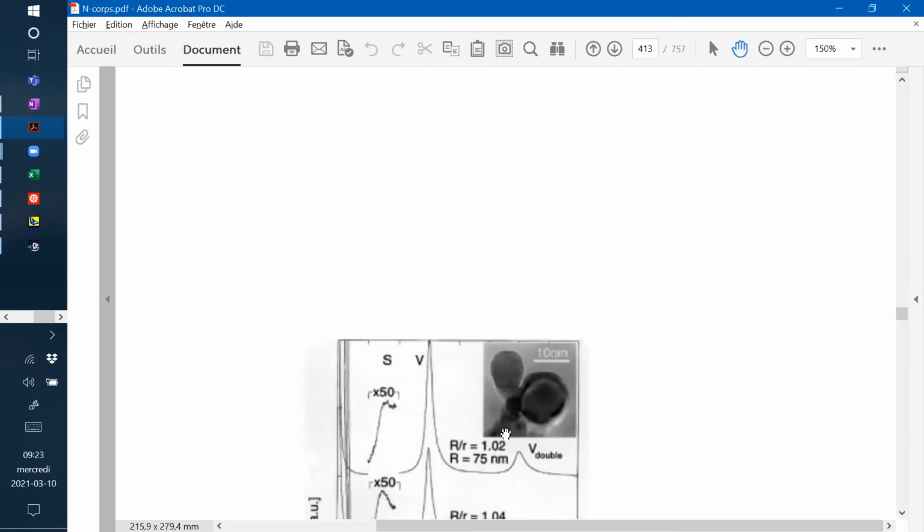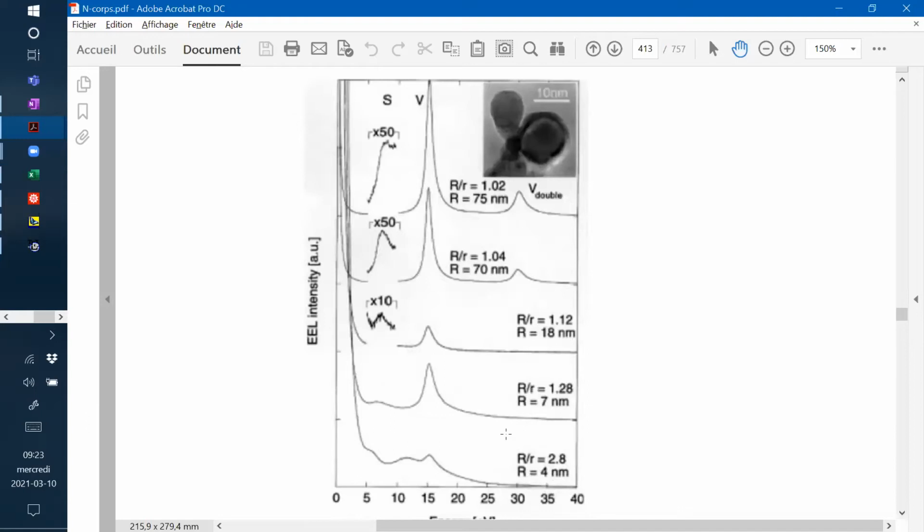And then this is not a calculation. This is just a measurement of the electron energy loss spectroscopy. And we saw that it was proportional to the imaginary part of 1 over the dielectric function. So this is for nanoparticles. And here the nanoparticles are big enough that you see, so the peak here can come from elastic scattering or other low frequency contribution. These small things that have been blown up are surface plasmon.